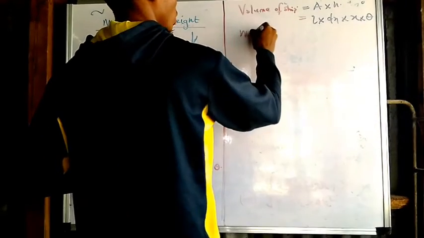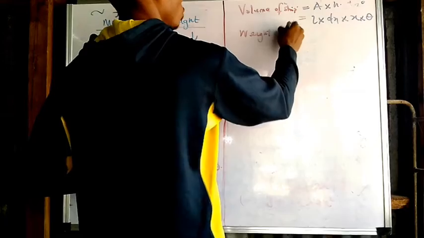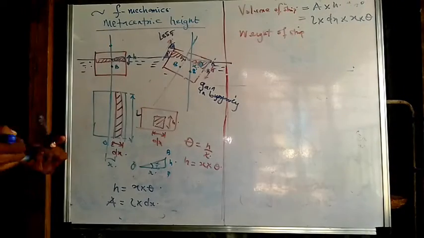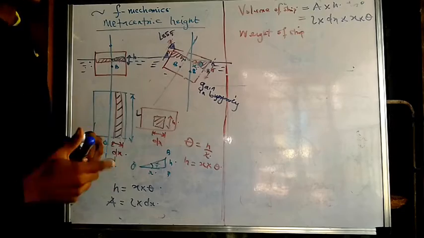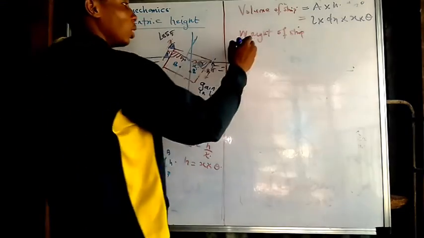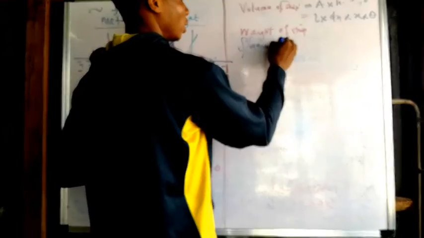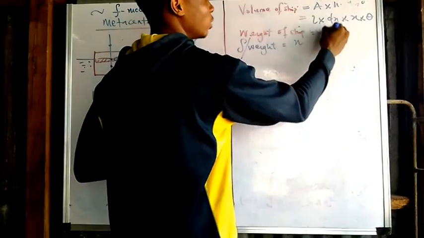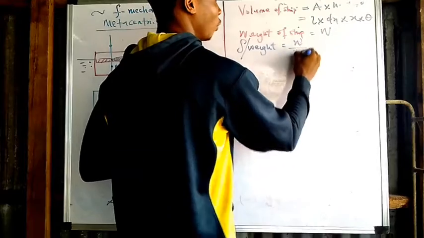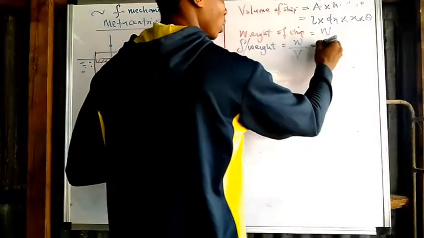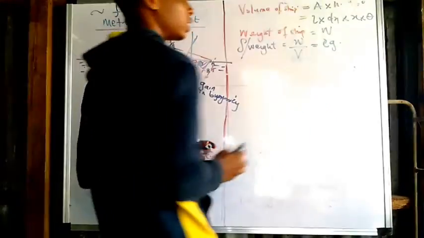Weight of strip. To calculate the weight of the strip, you know that weight density is equal to weight over volume, right? Or called specific weight. Specific weight is equal to, let's call this W, weight over volume, right? And you know that specific weight is also equal to mass density times acceleration due to gravity.